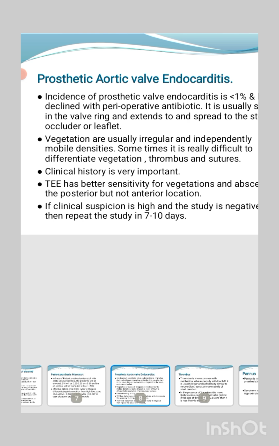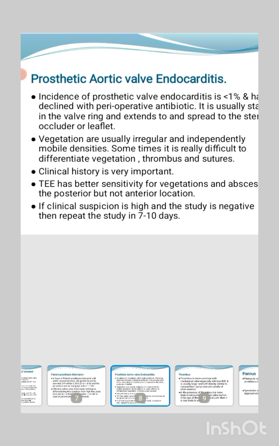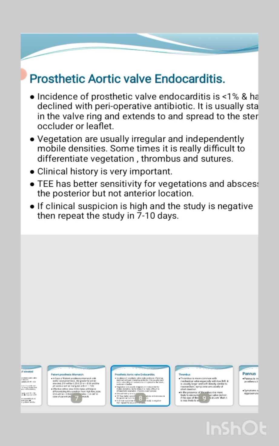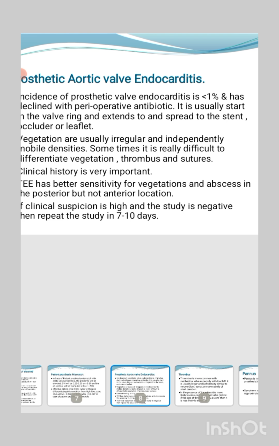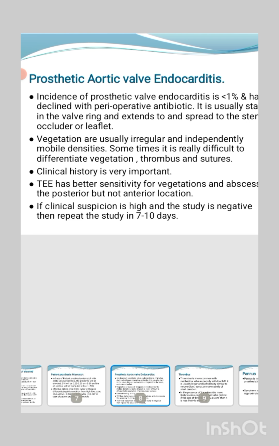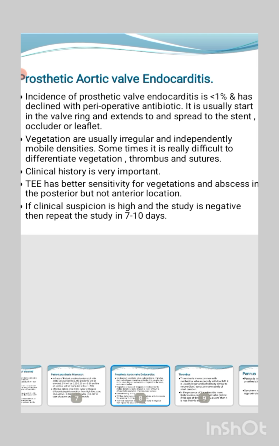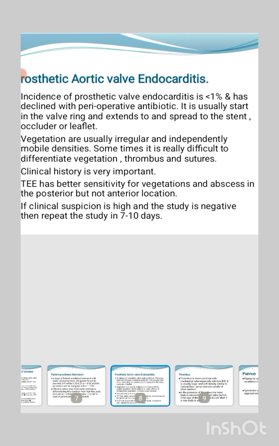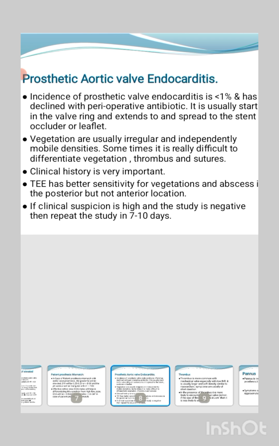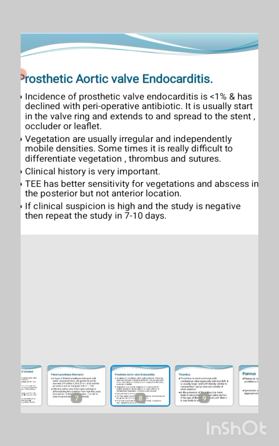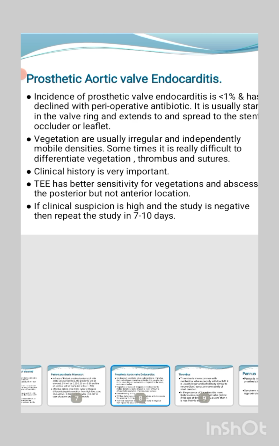Prosthetic aortic valve endocarditis. Incidence of prosthetic valve endocarditis is less than 1% and has declined with perioperative antibiotics. It usually starts in the valve ring and spreads to the stent, occluder or leaflet. Vegetations are usually irregular and independently mobile.